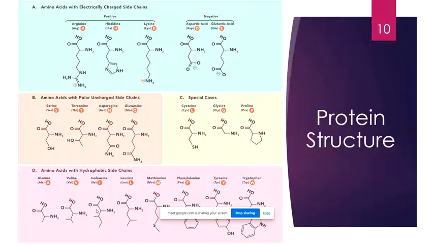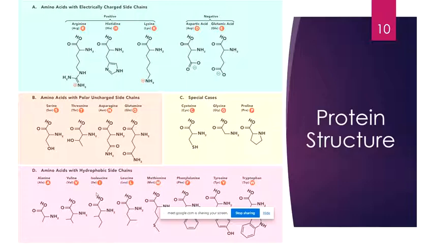Each amino acid has its own specific chemical and physical properties. For example, these residues are positively charged, whereas these are negatively charged amino acids. Some amino acids have polar and charged side chains, and again you have molecules with hydrophobic side chains.